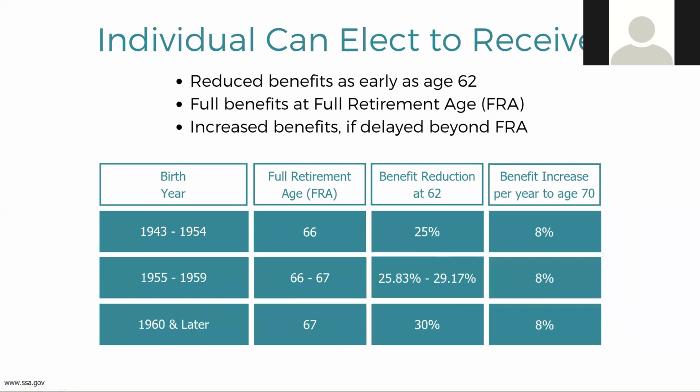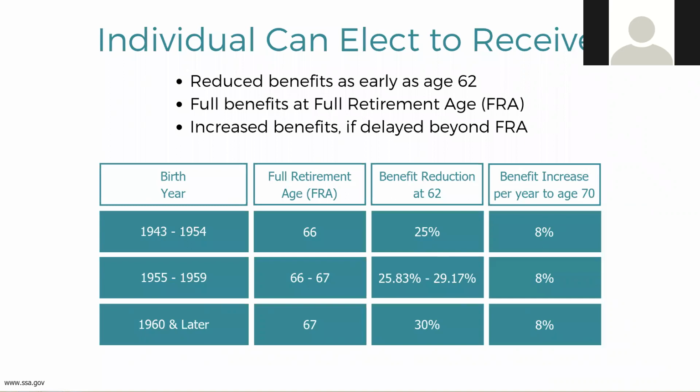Now, I like to refer to the full retirement age as the magic number when it comes to Social Security benefits, because everything is based on that age and that projected benefit. The way the Social Security Administration thinks about it is, if you file at any point prior to your full retirement age, that's filing early.